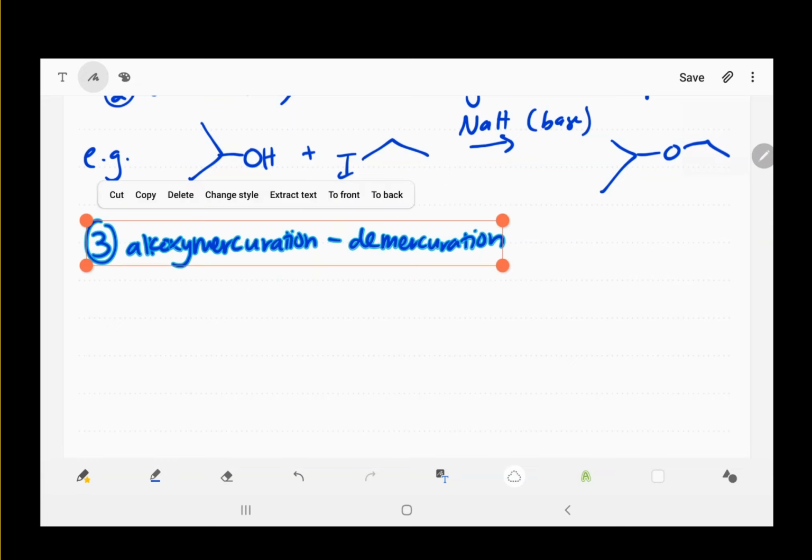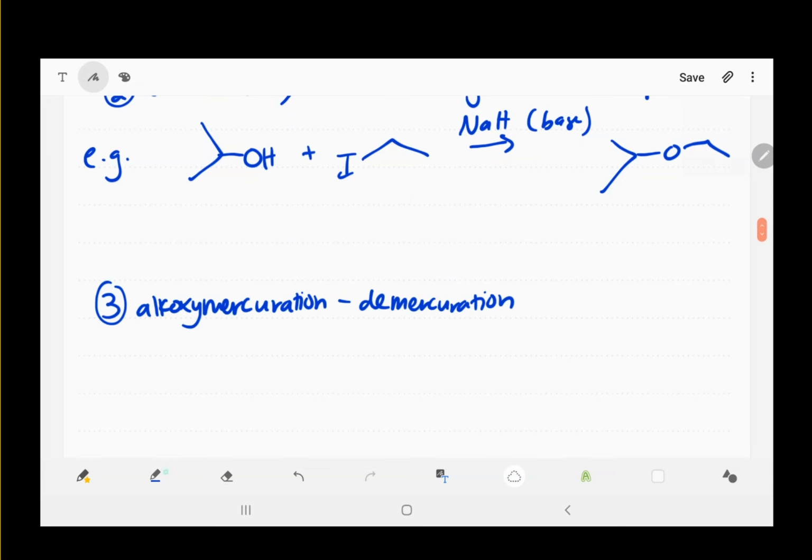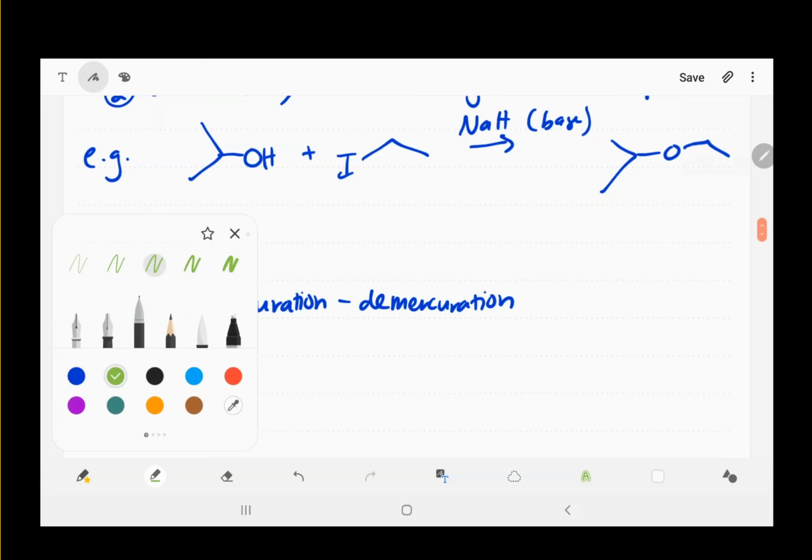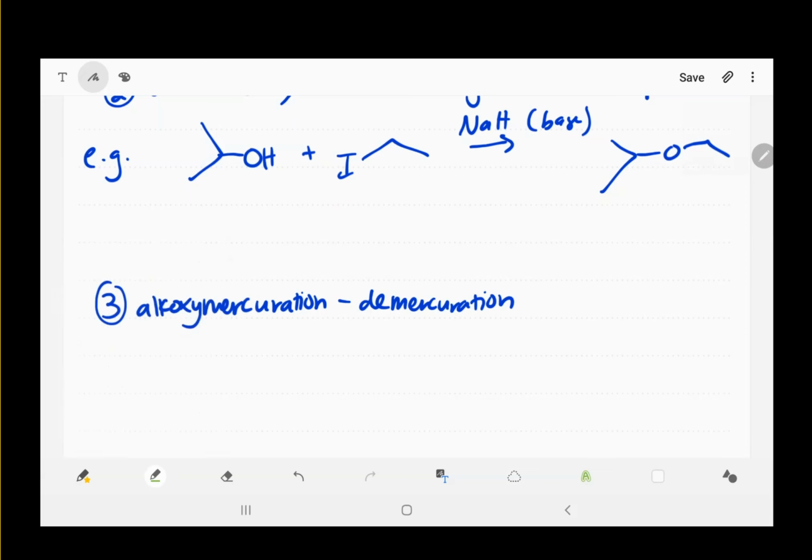I wanted to also include on this little summary that your electrophile must be either primary or secondary for this reaction.